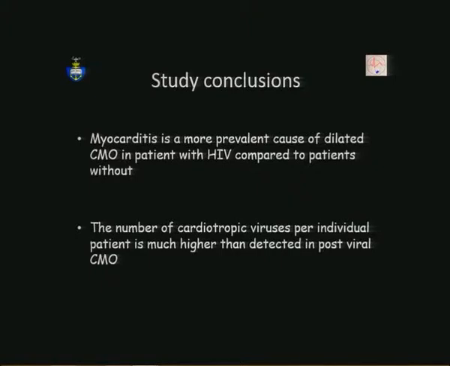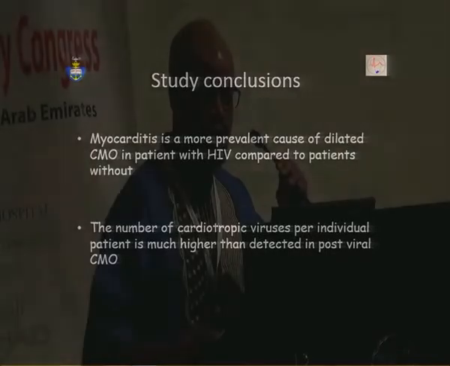What we concluded from this small pilot study was that myocarditis is a more prevalent cause of dilated cardiomyopathy in patients with HIV compared to patients without. And I will be happy again to address some of the issues that were brought up about the diagnosis of myocarditis and what we do at our center in the question and answer time.